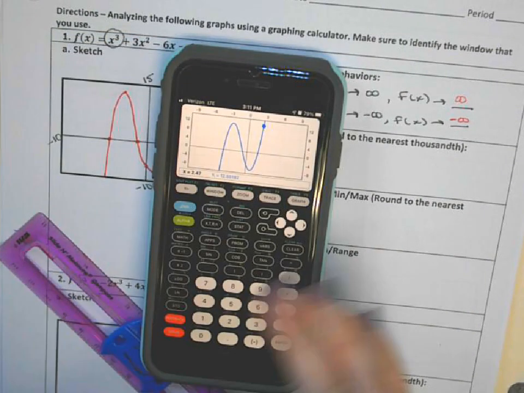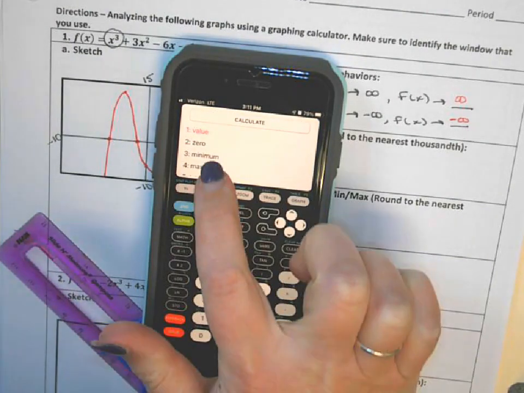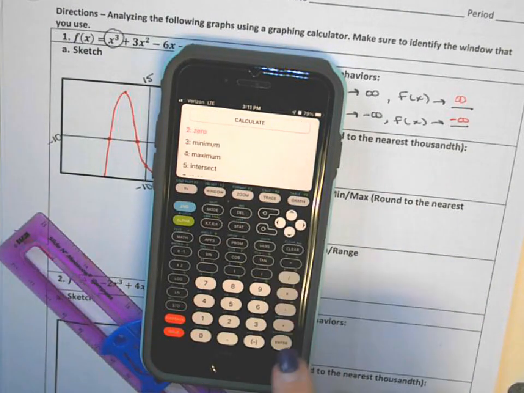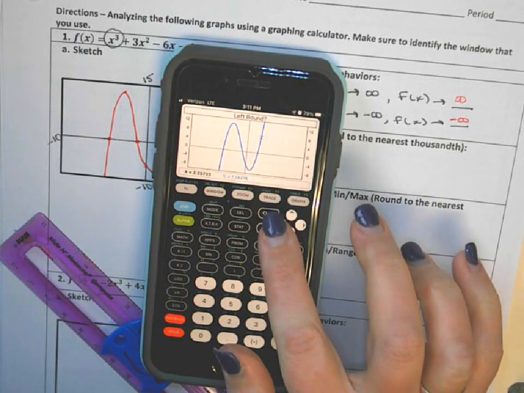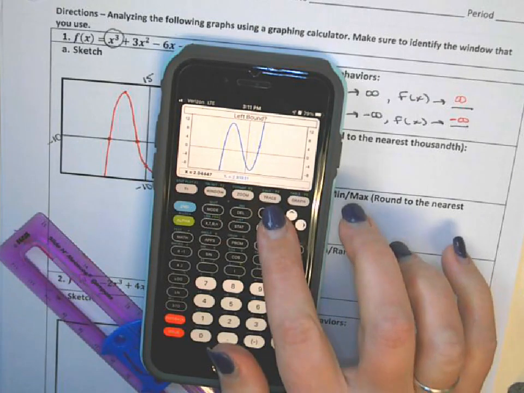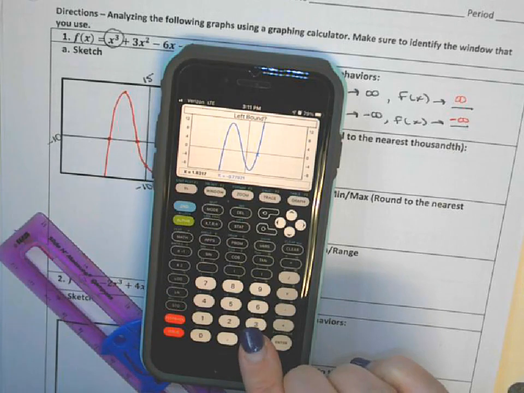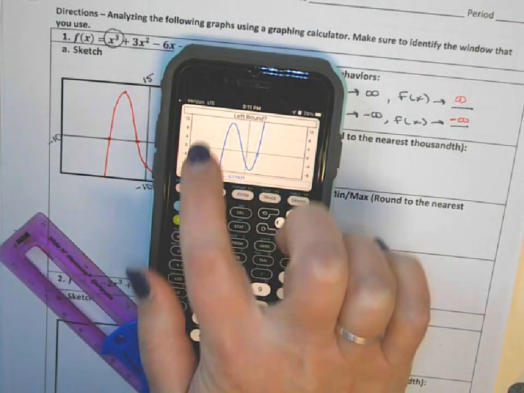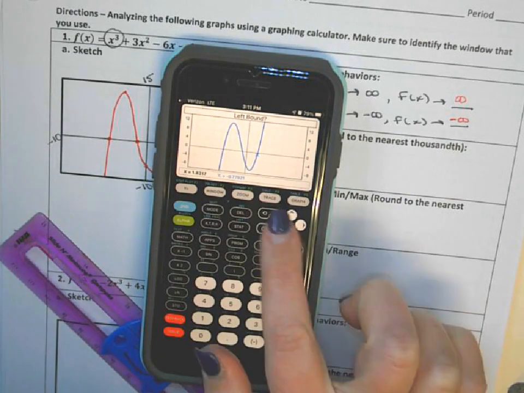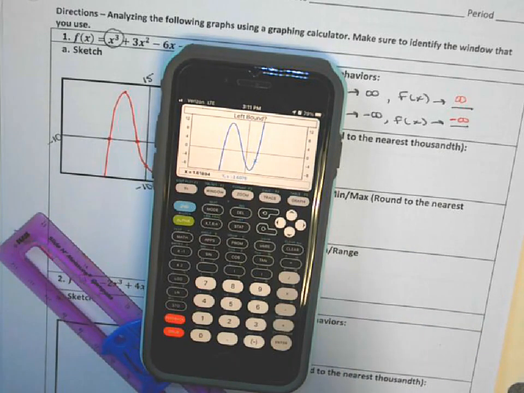Now our calculator will actually find zeros for us. So if you go to second calculate, there's a 0 button. And if we click on it and hit enter, you can use your left and right arrow to move along that curve. So go to the left of it, because up here it says left bound. You want to make sure you use your left arrow to be to the left of the 0.